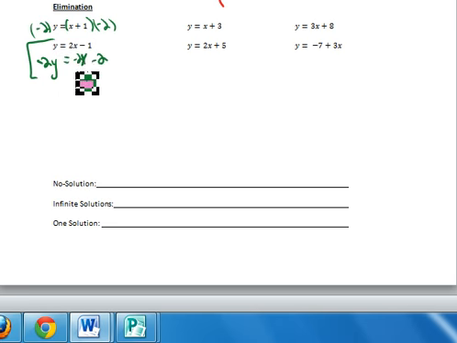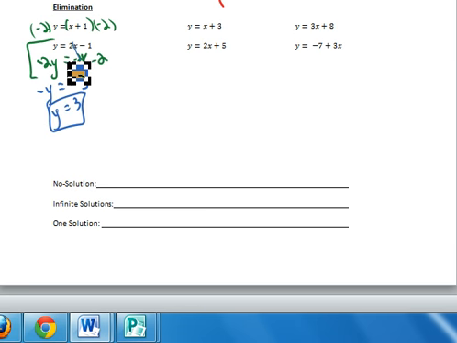We have positive 2x, we have -2x. We add them together, they are gone. And what we're left with is y minus 2y, so we have -y equals -1 minus 2, which is -3. So if -y equals -3, positive y must equal positive 3.